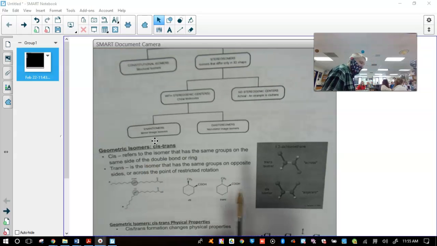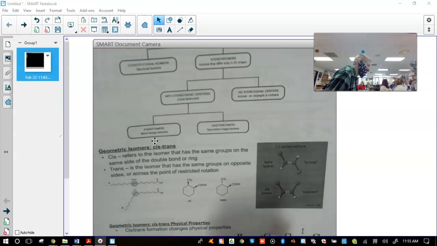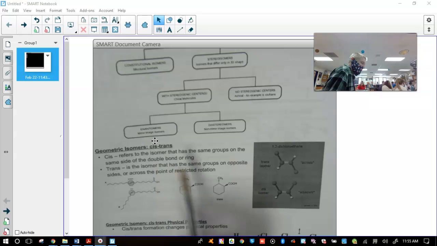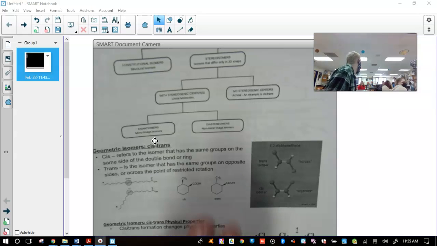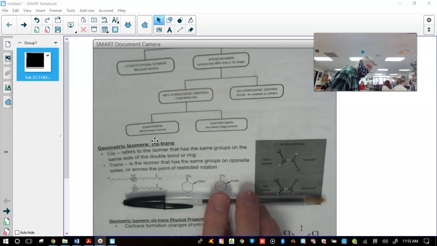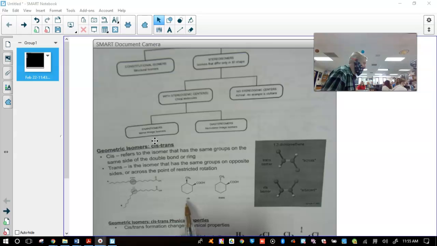So geometric isomers. We got cis versus trans. You guys kind of know this. Which one would be cis? Oh, it says it. I thought you were for real. So we know this is cis because it says it's cis. But you got these coming out in the same direction.